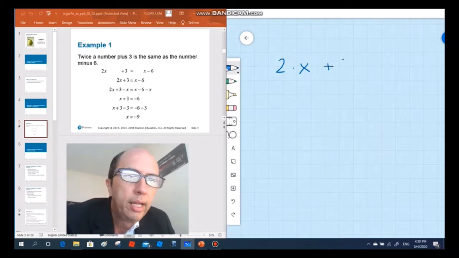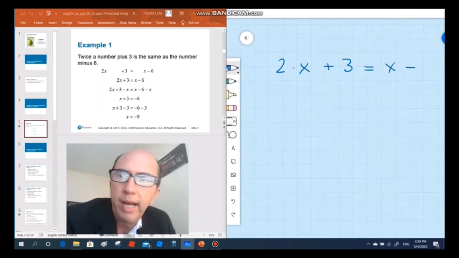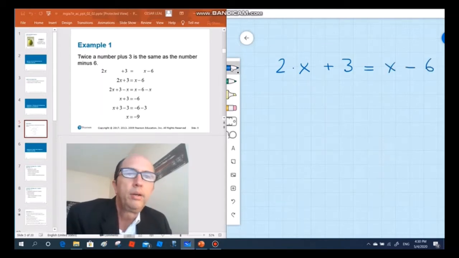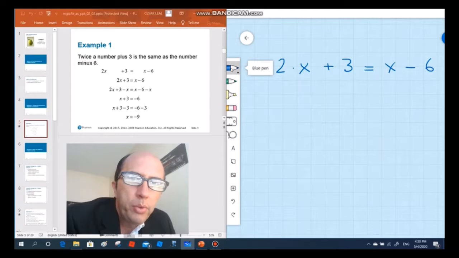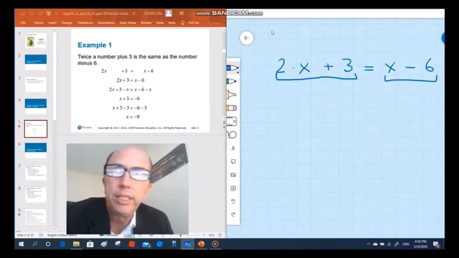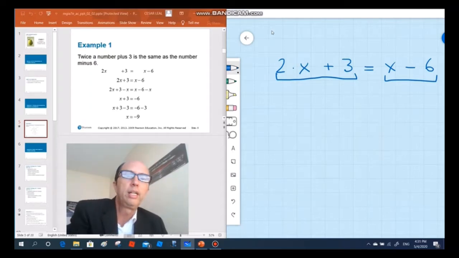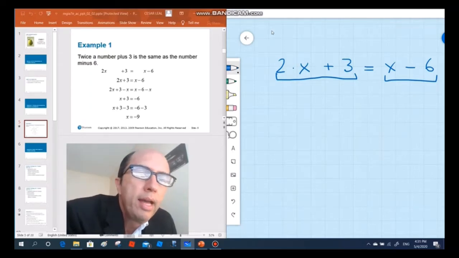plus 3 equals the same number minus 6. Okay, now we have an equation. We have this equal sign here. That means this side is equal to that side, and that means we can use some properties like the addition property or multiplication property that we've learned in the last lesson.